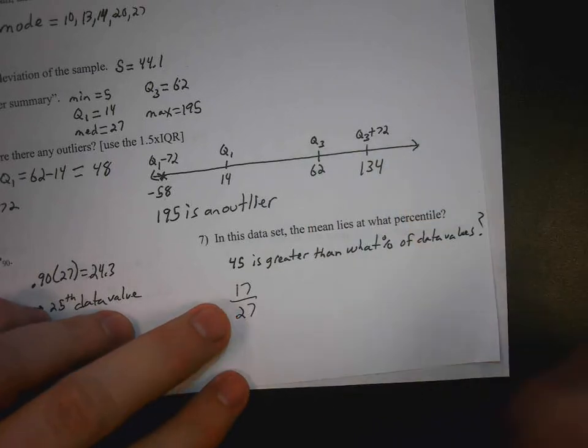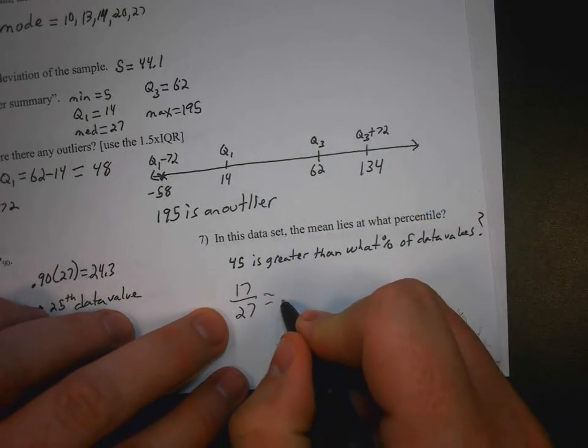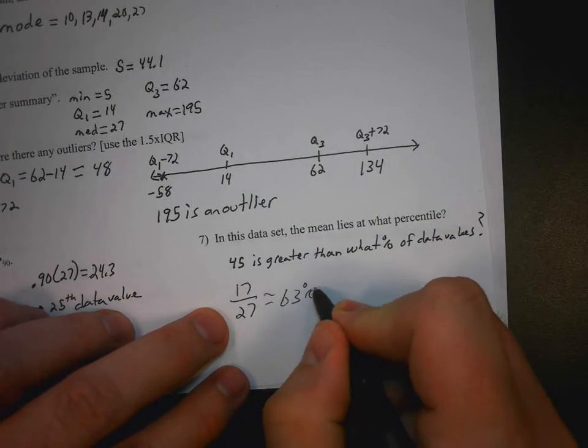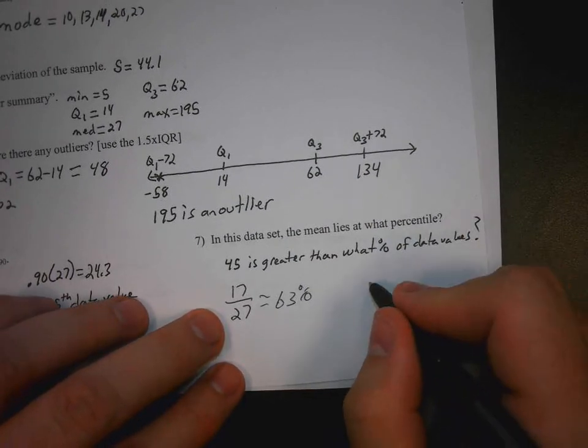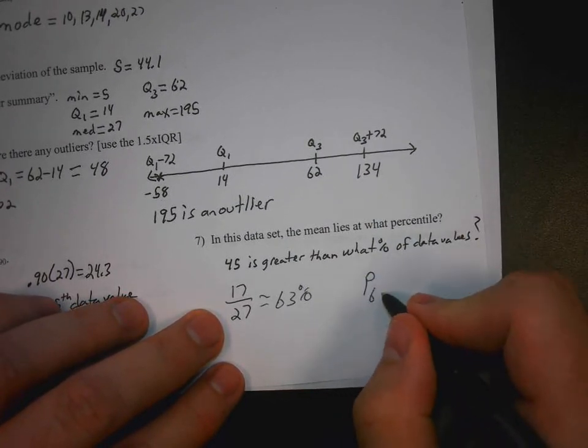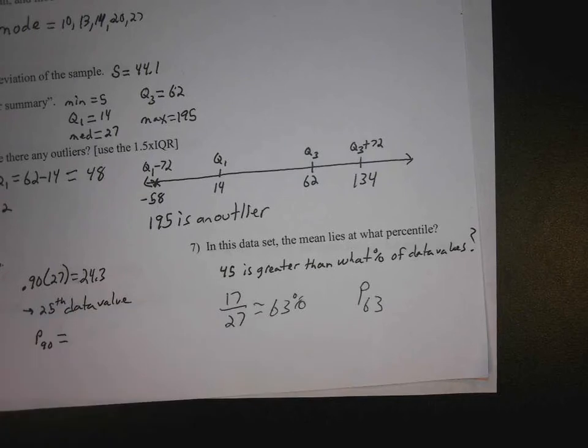So we can round that to approximately 63%. So the mean is at about P63, which means about 63% of the data values are less than the mean. Now, if you said 62, that'd be okay also. We're not going to get too picky on that.